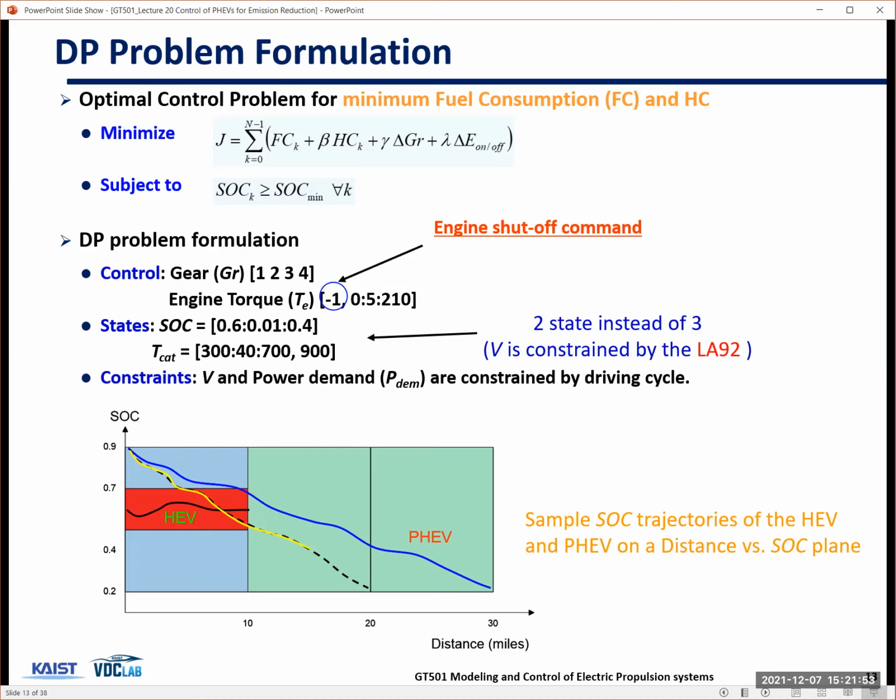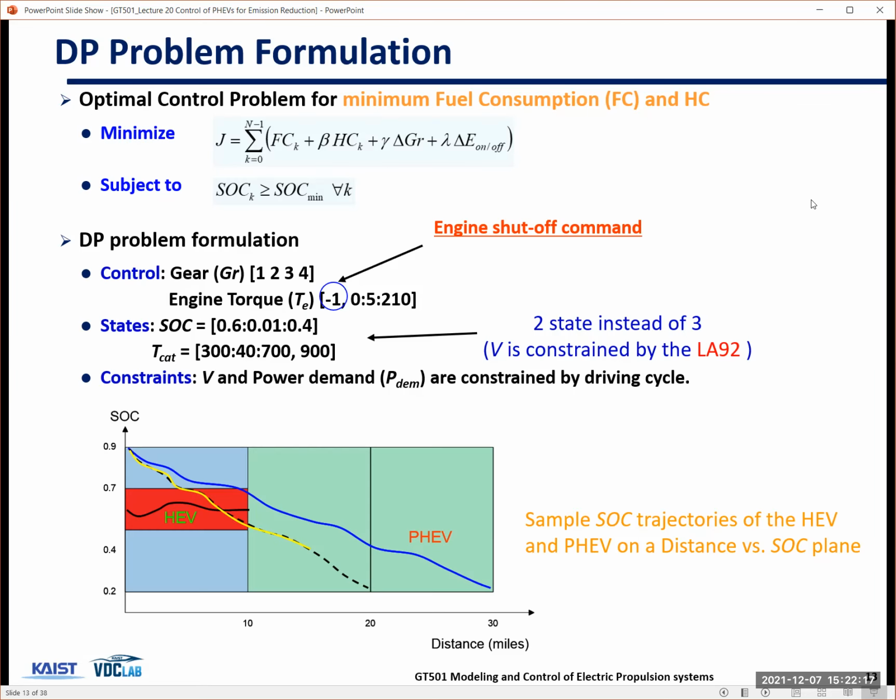Anyway, just to give you an idea of what I also had to go through when it comes to computing. That gives you some idea of how much computing load we need when we have a larger problem and try to solve that using DP.